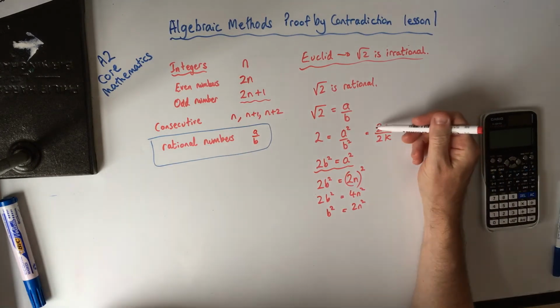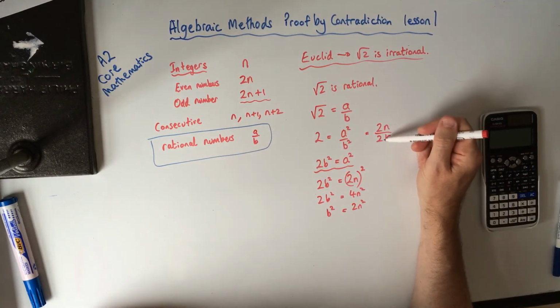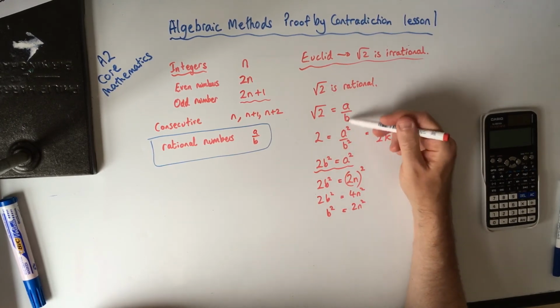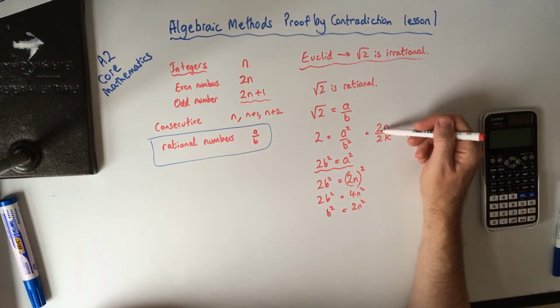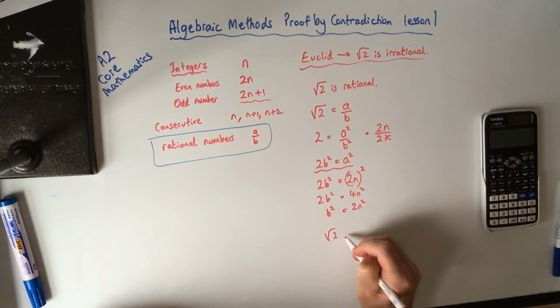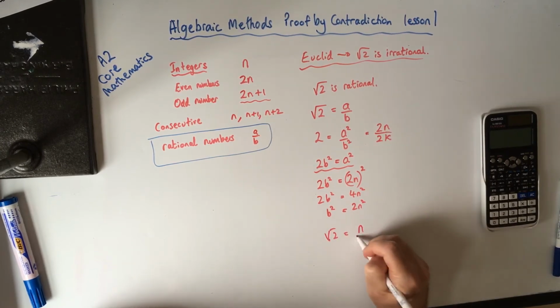If they are both even, of course, then we can cancel it down, can't we? So we can divide by 2, which is not what we're saying here, but it doesn't really matter. So we're saying now that root 2 can be written as n over k.